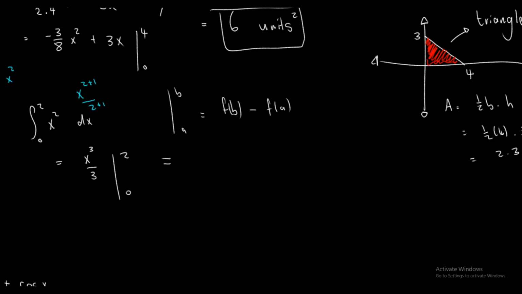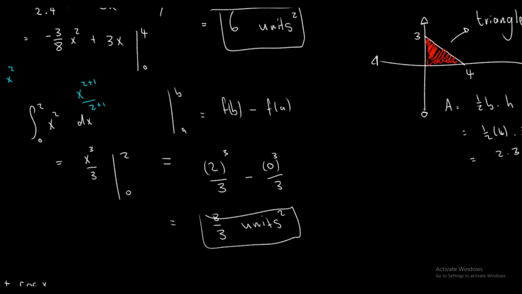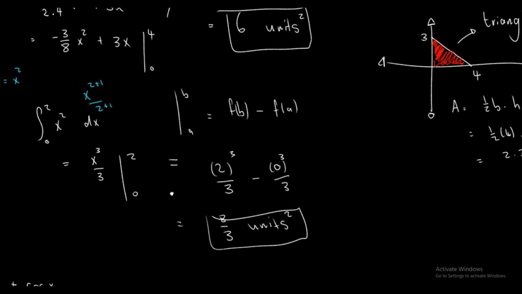So F of b is going to be 2 cubed over 3 minus 0 cubed over 3. That gives me 8 over 3 units squared. Okay, so there's my answer for number 2, 8 over 3 units squared.